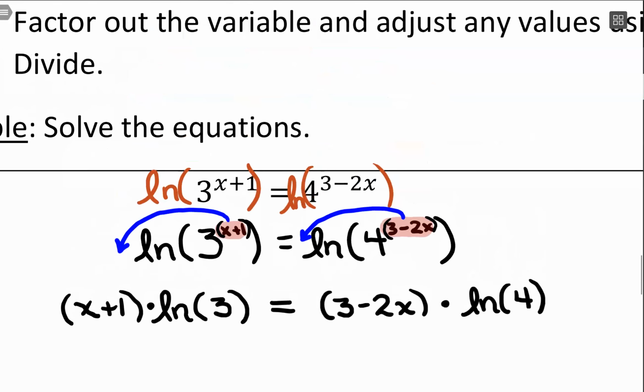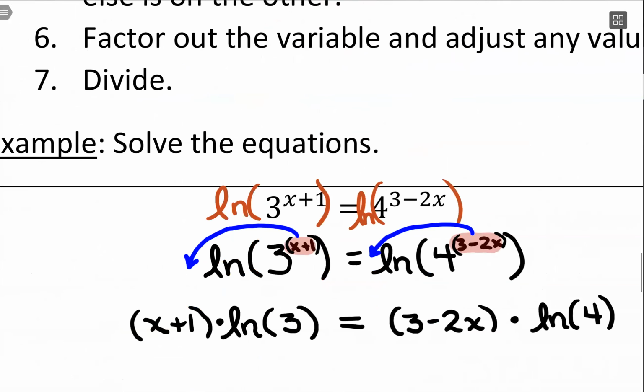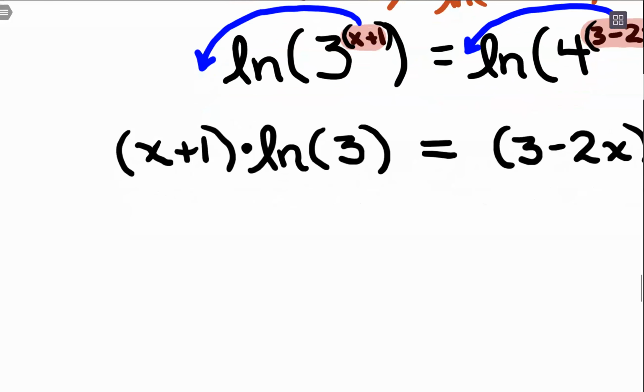Okay, so our next step, step 3, is distribute. Nice and short. But this distribution looks a little different, again, because logarithms are still a bit new for us. What you can imagine is this is just a number. If we type in natural log of 3 into a calculator, we're just going to get a number back. So we have this number multiplying an expression with multiple terms.